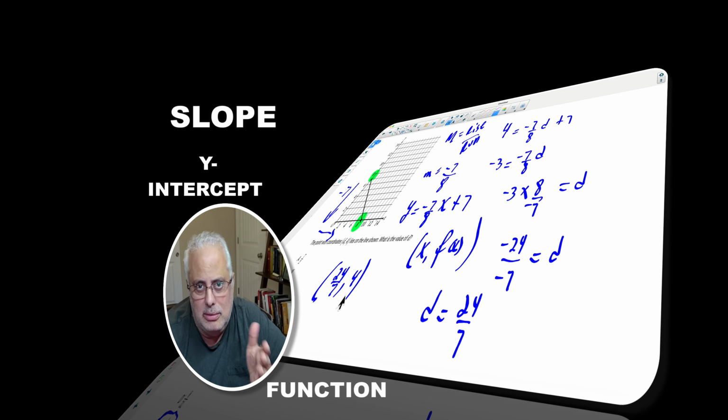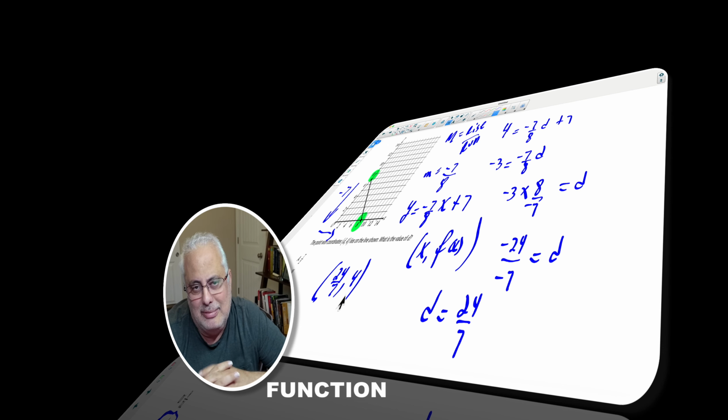The function, the f of x, the y equals negative 7 over 8x plus 7. And this is what I want you, when you're training yourself to take the test, to know: what is the player that you need right there in the game, and you don't have it, and you need that player, because if you have that player, you know that you're going to win, and that player is the function.